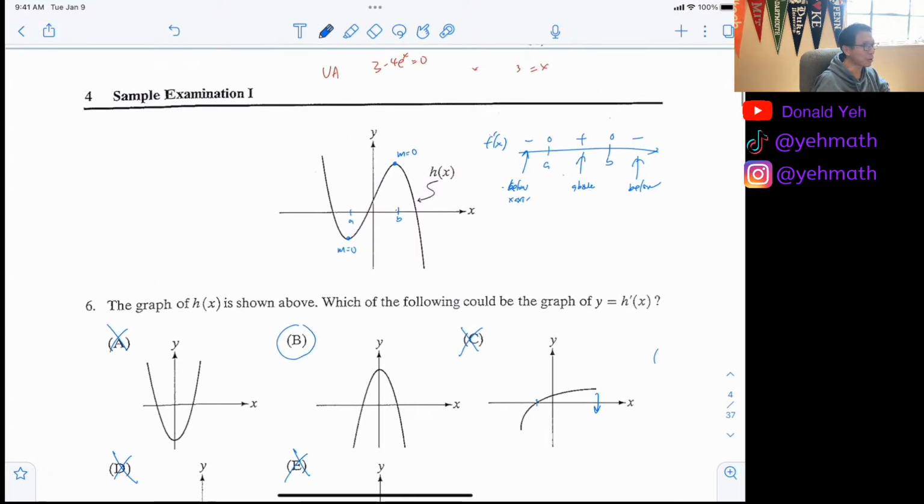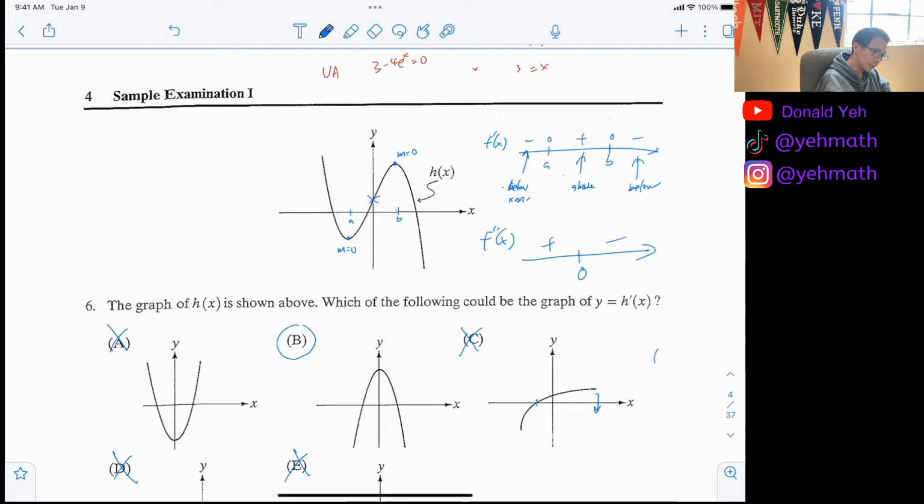Now, what if I ask you to graph the second derivative? The second derivative is the concavity. Where does concavity change? At 0, there's an inflection point. Do you see they went from concave up to concave down? So this one's positive, this is negative.